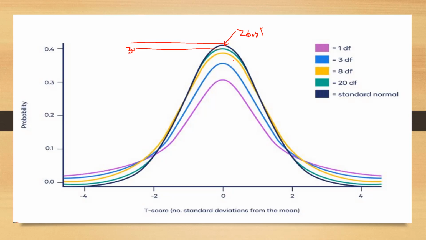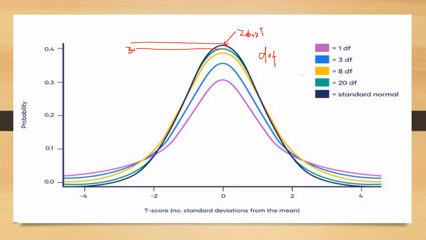Whenever our sample size is small, there is a correction that has to be made. And that correction is what is accommodated under t-test, in the form of degree of freedom, DOF. The concept of degree of freedom comes up whenever your sample size is 30 or less.